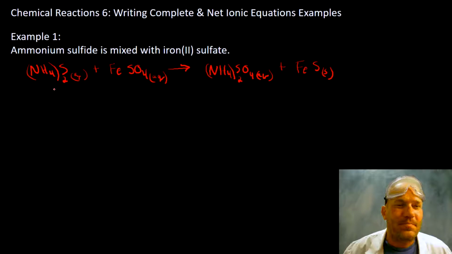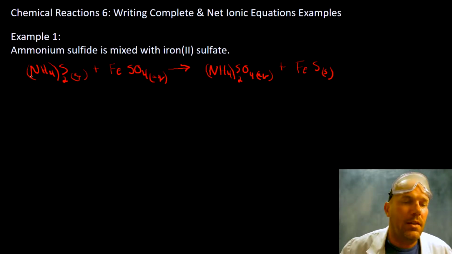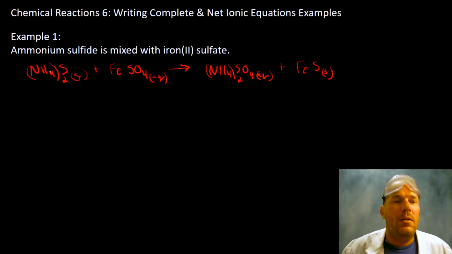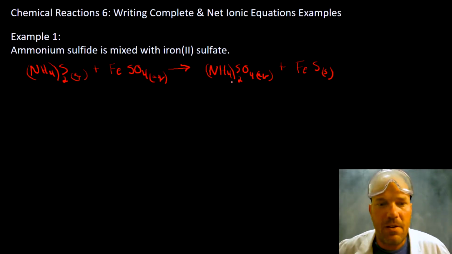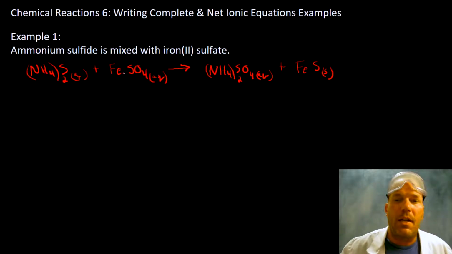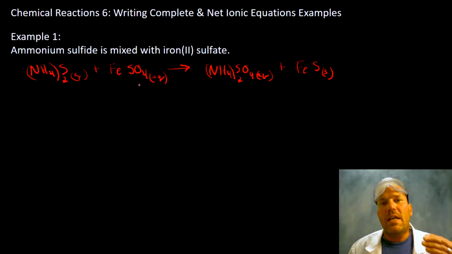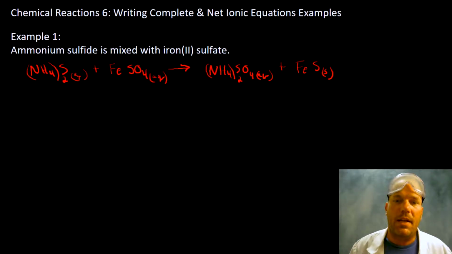Okay, so lots of examples here. That's how you get good at this. So we have ammonium sulfide being mixed with iron 3 sulfate. I've gone ahead and written out the formula equations, we've had enough practice with this. You should be very proficient at that. The purpose of this is to learn how to write complete and net ionic equations.